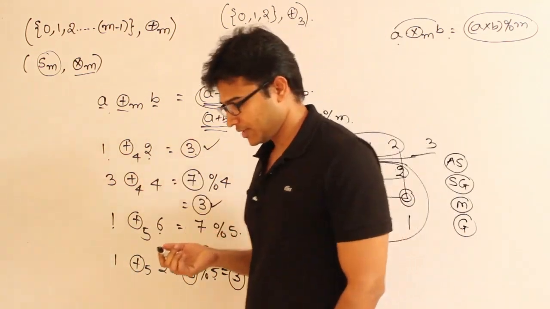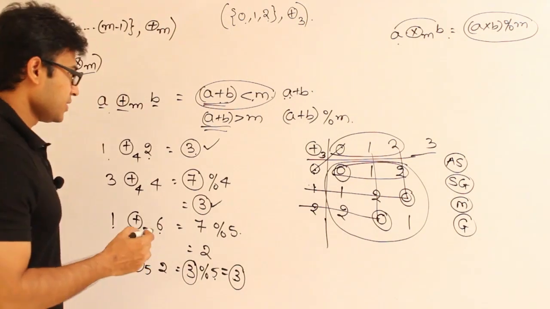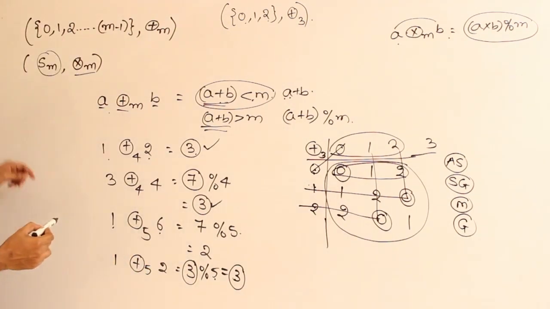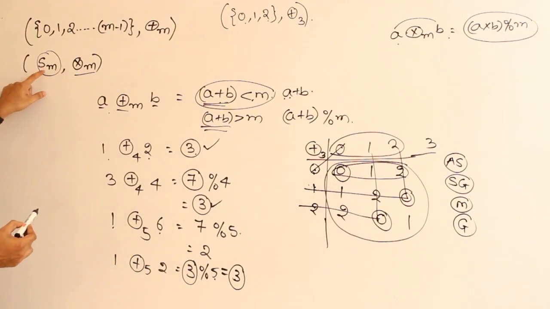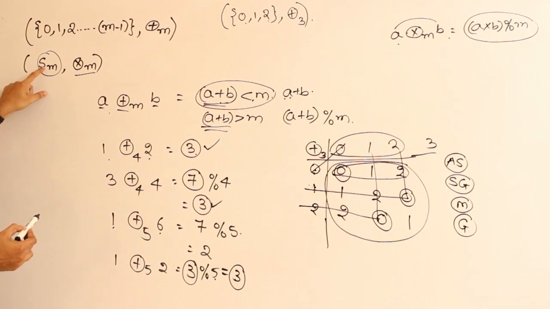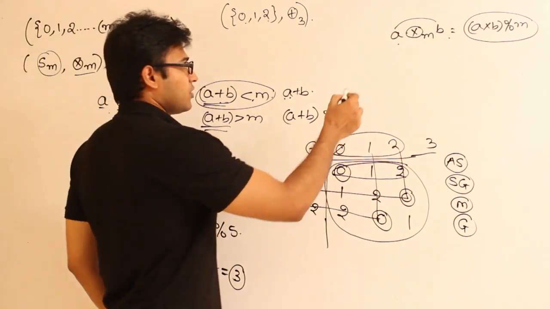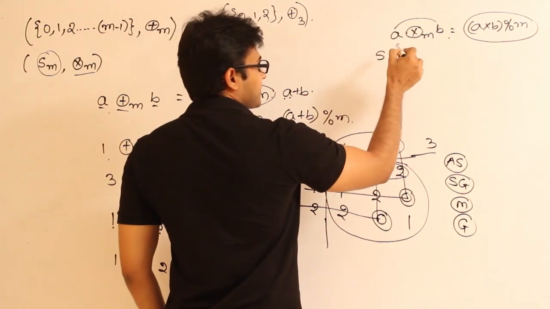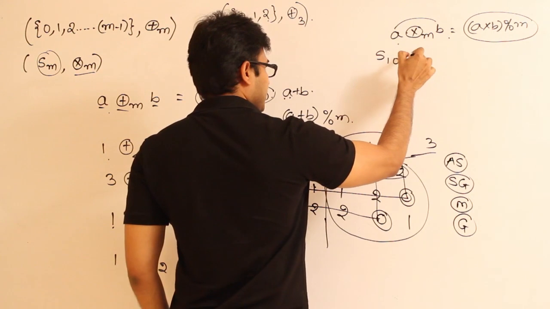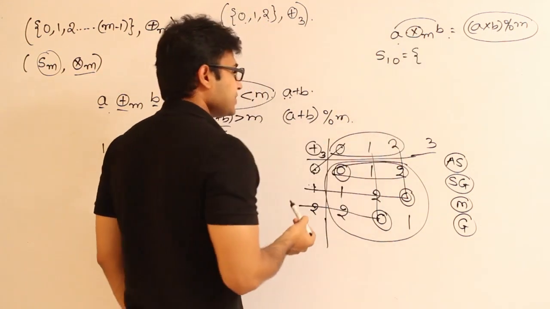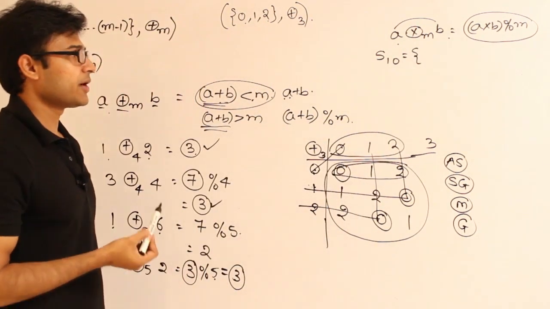So what I mean to say is this. Understand this. S_m means the set of all positive integers which are less than m and which are relatively prime to m. For example, if you want to find S_10, which means the set of all integers less than 10 which are relatively prime to 10.